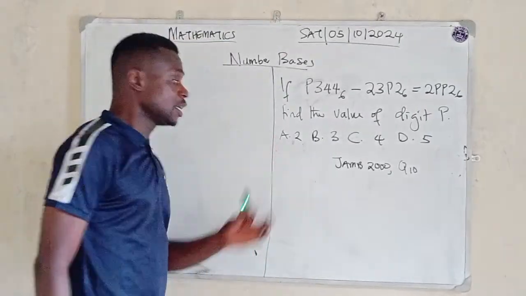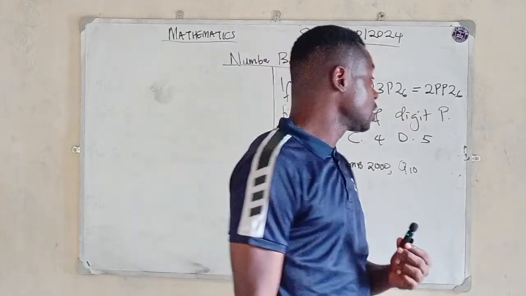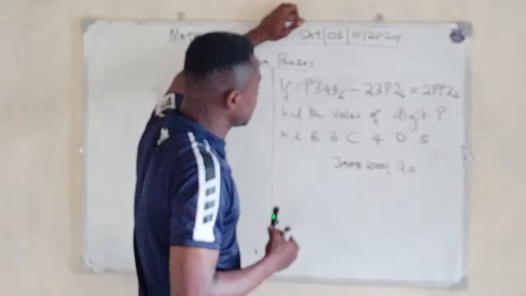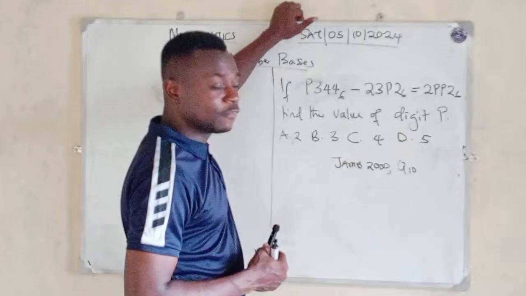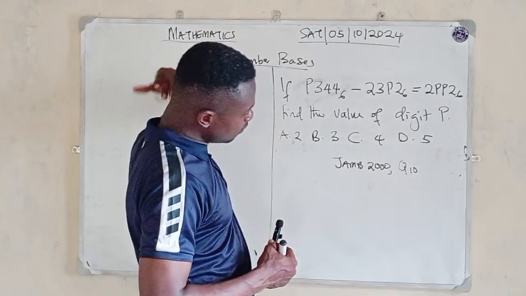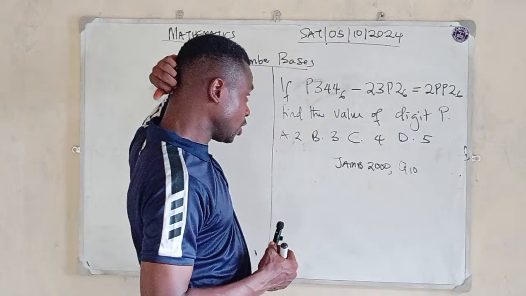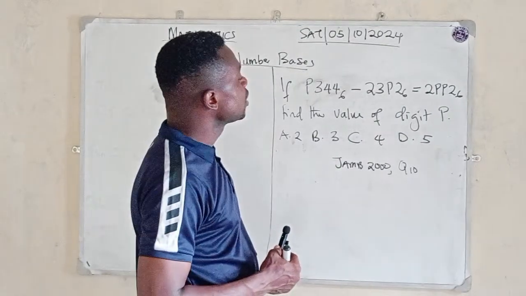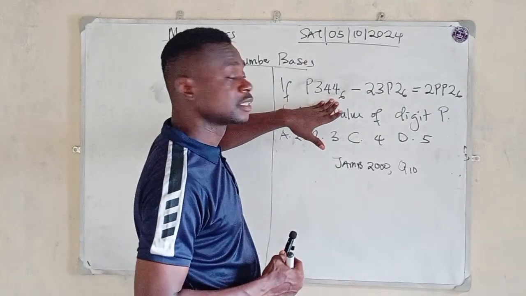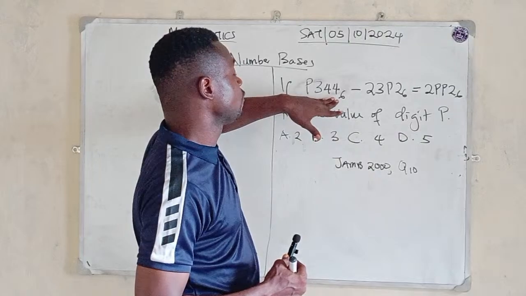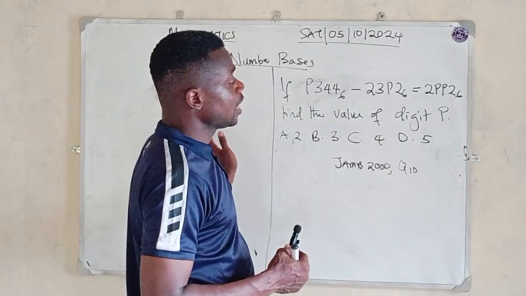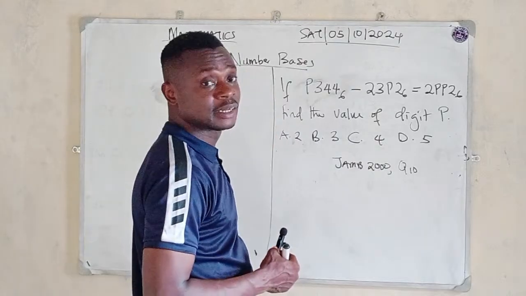So let's solve the question. If you watch, this question has two things involved. First of all, there's subtraction here. Then we can move this from base 6 to base 10 and do our subtraction.